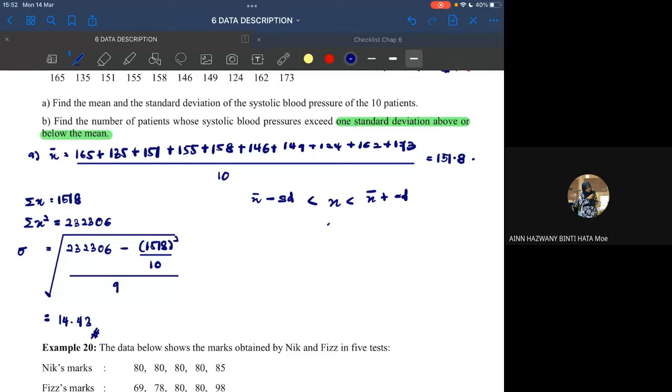So mean kita is 151.8 plus standard deviation is 14.43, and mean 151.8 minus standard deviation is 14.43.